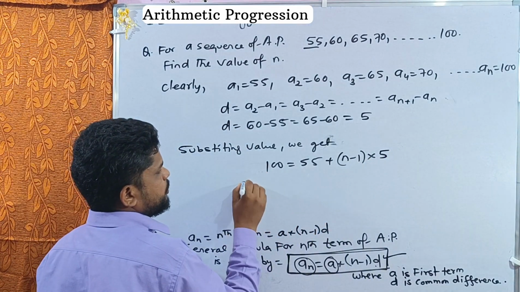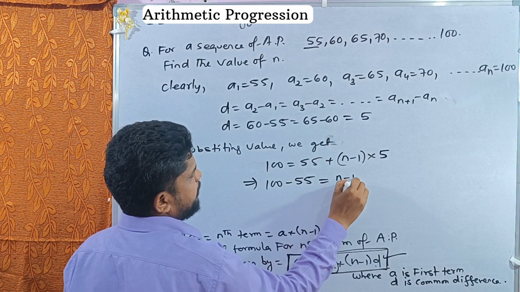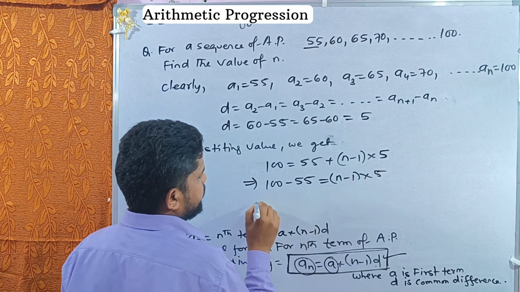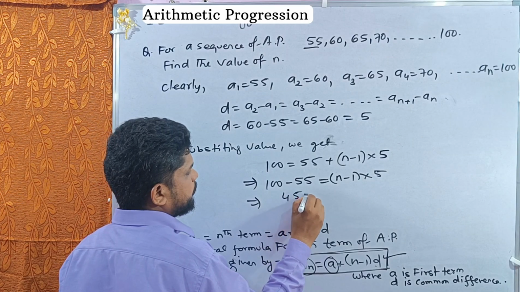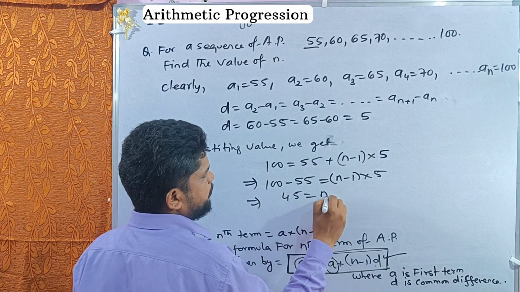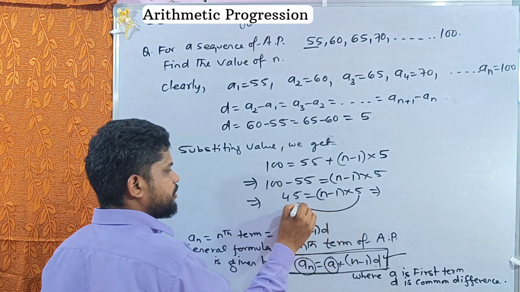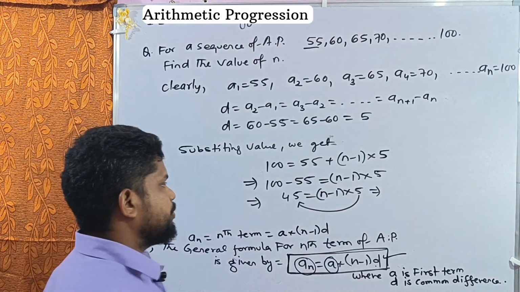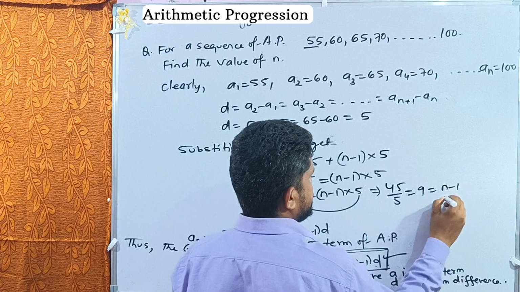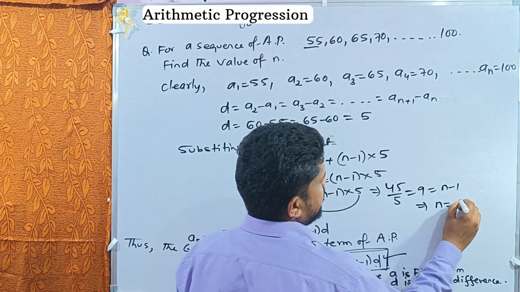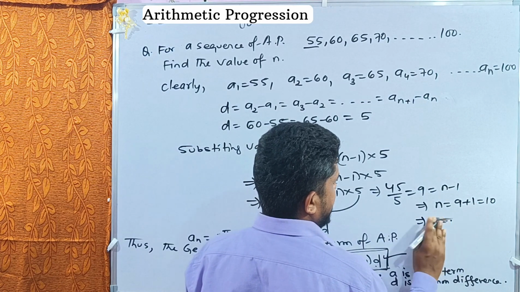So this gives 100 minus 55 equals n minus 1 into 5. 100 minus 55 is 45, equals n minus 1 into 5. We can transpose this 5 to divide 45, so we get 45 divided by 5, which is 9, equals n minus 1. Thus the value of n will be 9 plus 1, which is just 10.